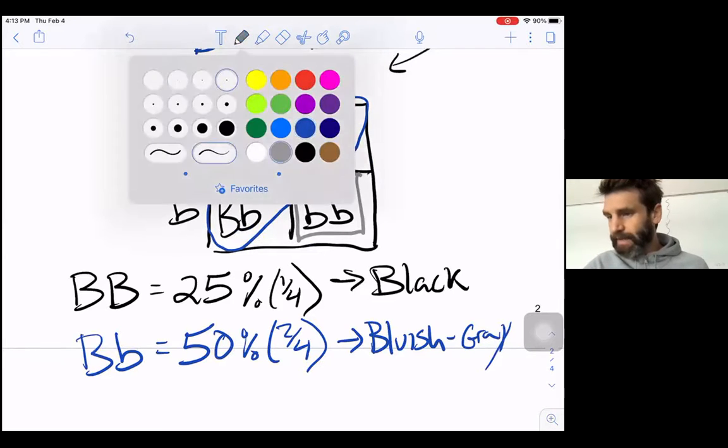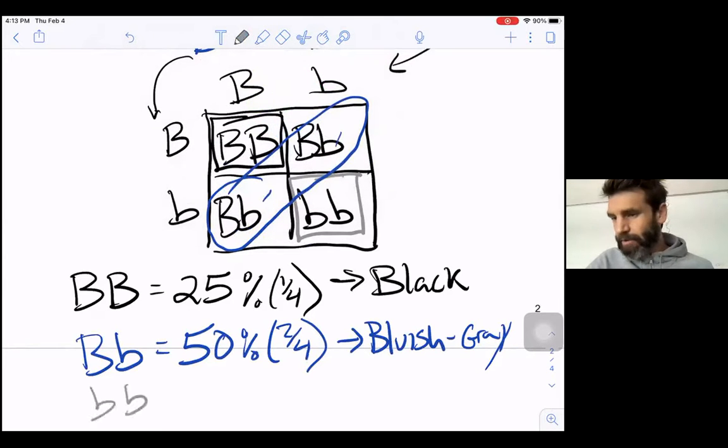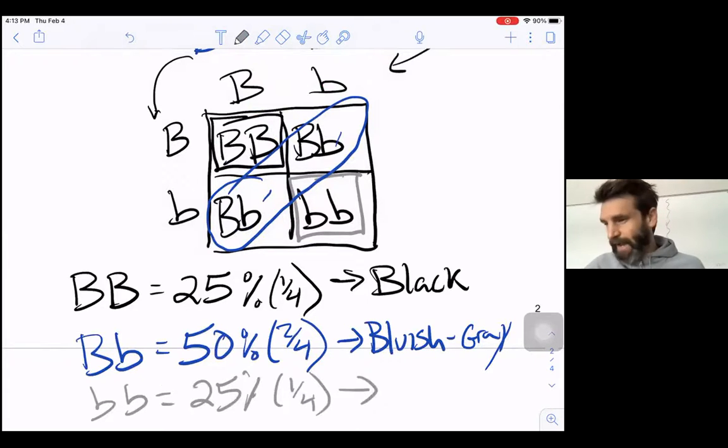And finally, little b, 25%. 1 out of 4 are white. Okay, so that is simple.